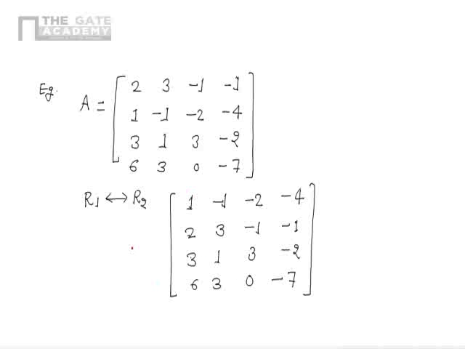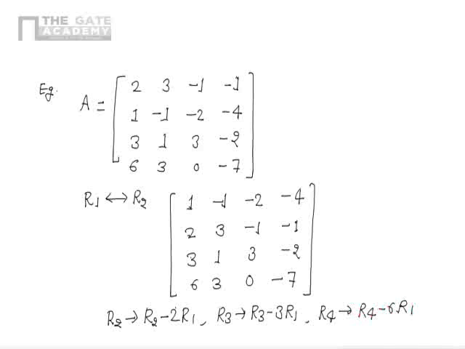So the operation I can apply here is in R2, that is R2 minus 2R1 to make this element 0. Similarly, R3 minus 3R1, and in R4 I'm applying the operation R4 minus 6R1.